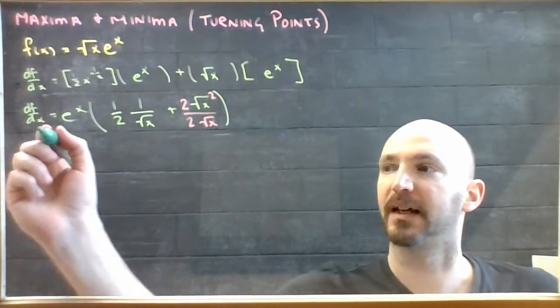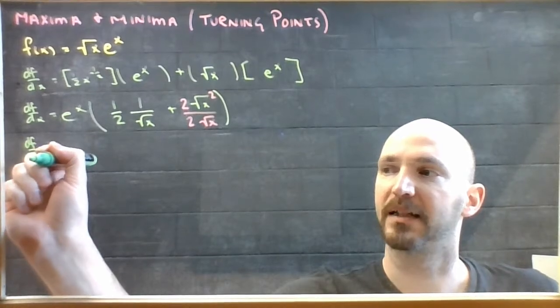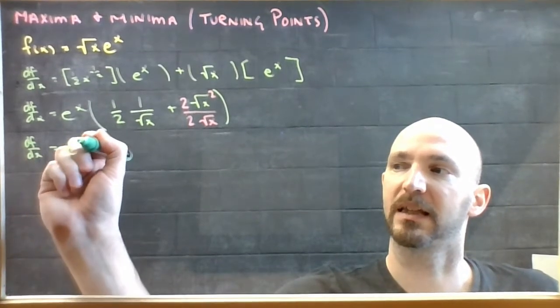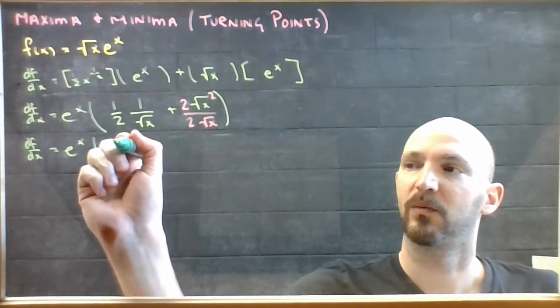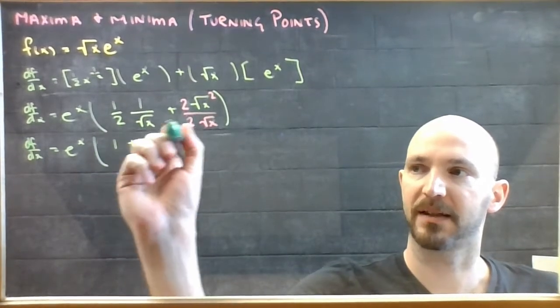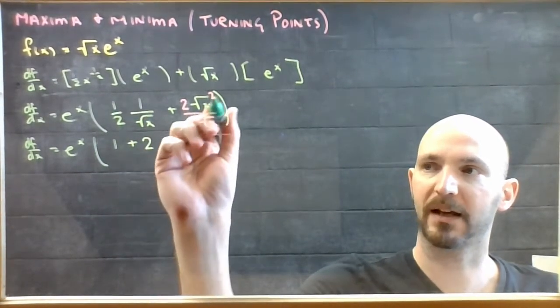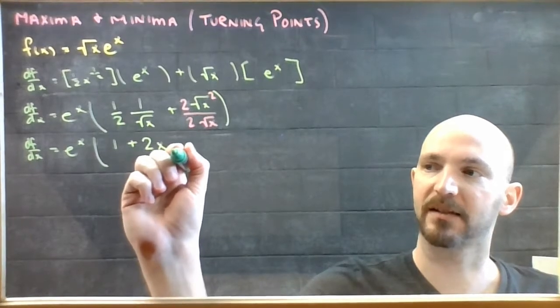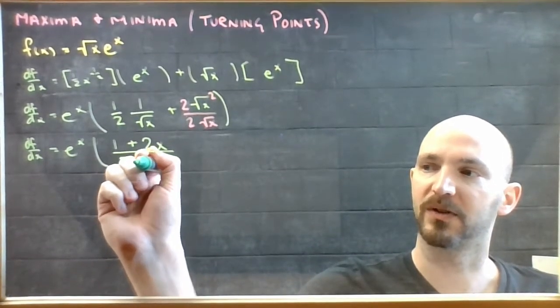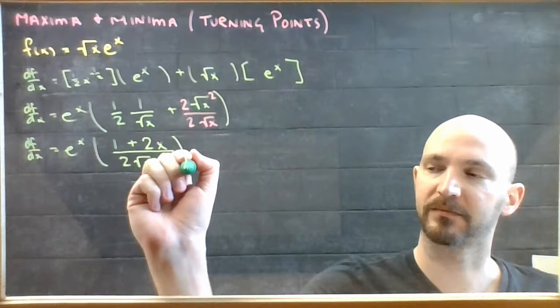My next line then would be df by dx equals e to the x, 1 times 1 is 1, plus 2 root x times a root x is just an x, all over 2 root x.